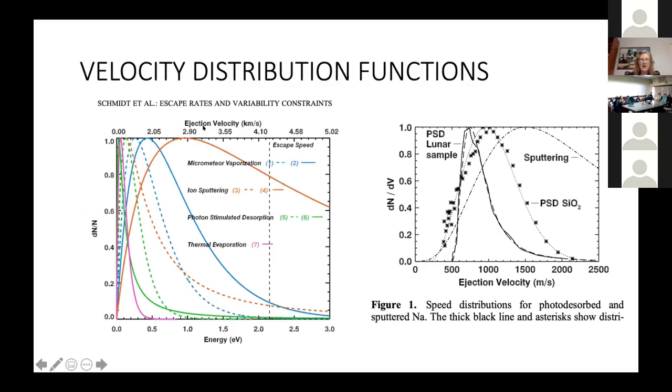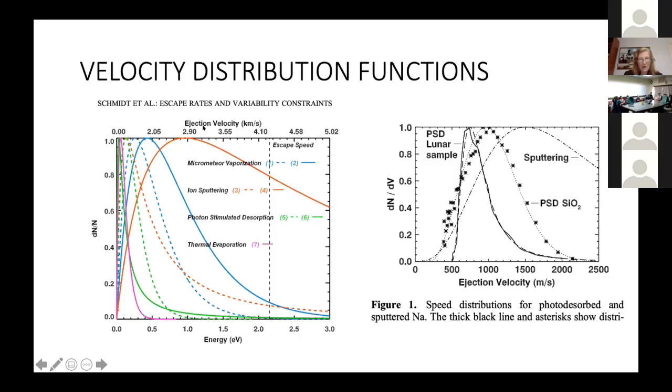And you can see here, this is from a paper by Carl Schmidt. For the sputter velocity distributions, the ones labeled here 3 and 4, they're enormously different. And that's because the binding energy that they've used, of course, is quite different.